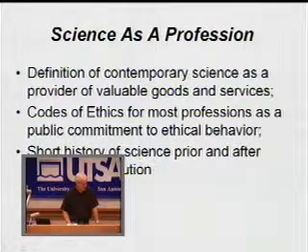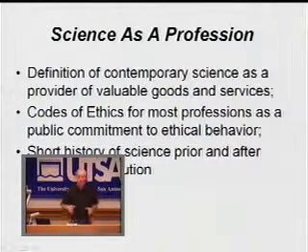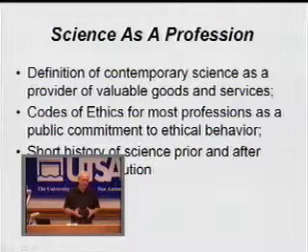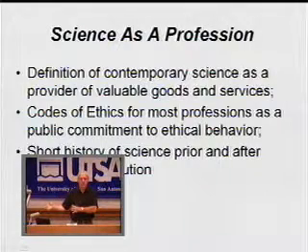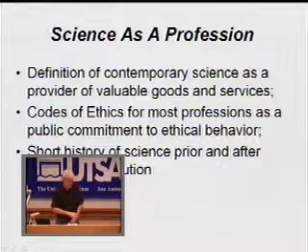So there's a short history of science prior to and after the scientific revolution. I found it very interesting that it was noted in the textbook that there are more scientists alive today practicing science as a profession than the total number of scientists that ever existed in the past 2,000, I think it was 2,500 years that was stated in there.